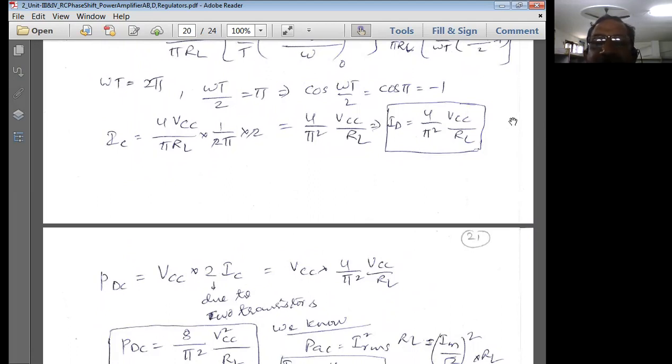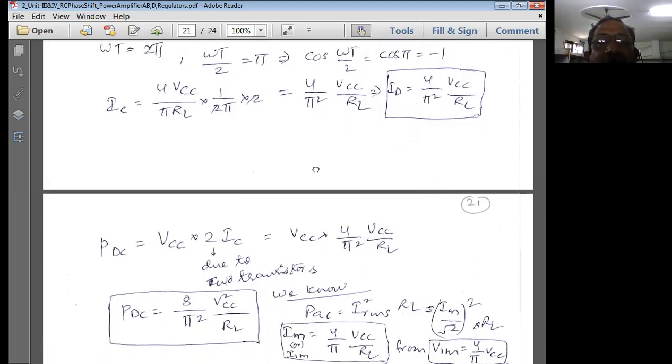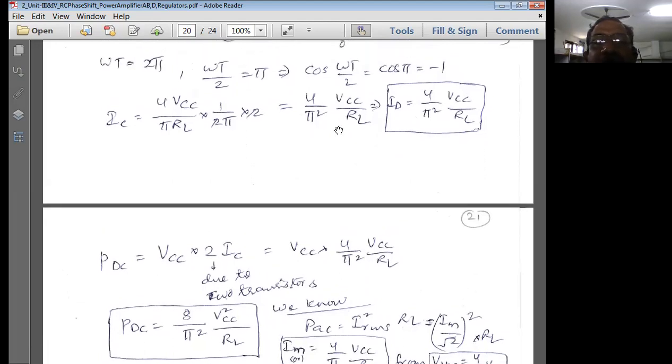So VCC into 2 times IC, where IC is something like 4 by pi square VCC by RL.